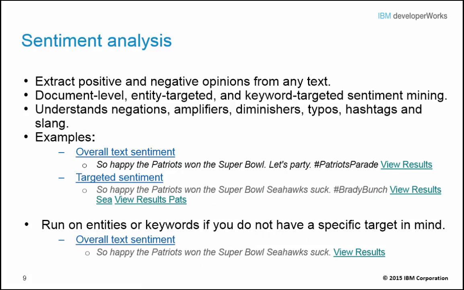Sentiment Analysis API extracts positive and negative sentiment from any text. This API will return entity or keyword targeted sentiment as well as overall sentiment for a text. Please click on View Results to see the overall text and targeted sentiment for the text we have shared here.